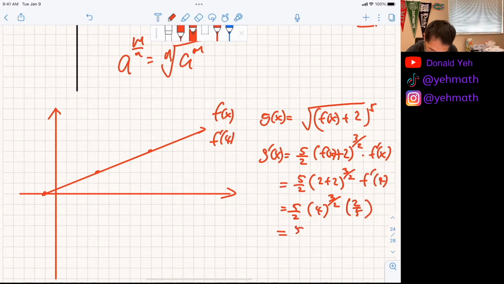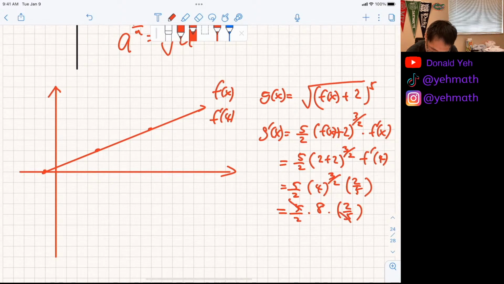So it'll be 5 over 2 times, well, 4 to the 3 over 2 is 8, times 2 over 5. So the 5s cancel out, left with 4. The answer is 8.